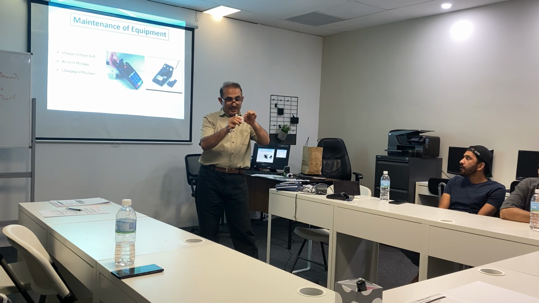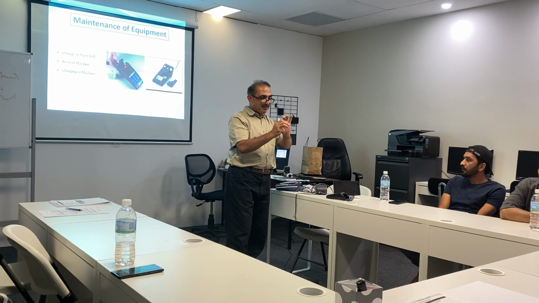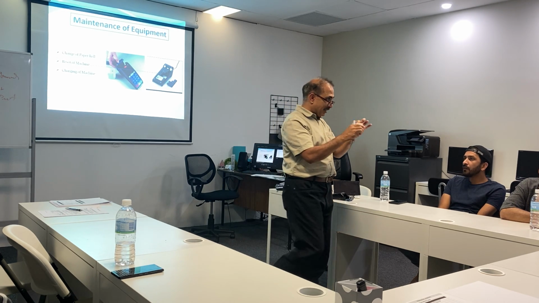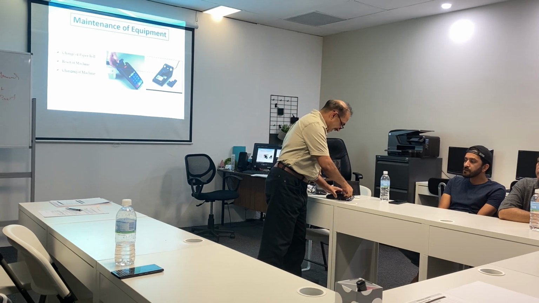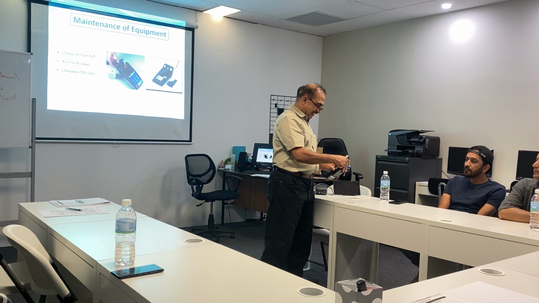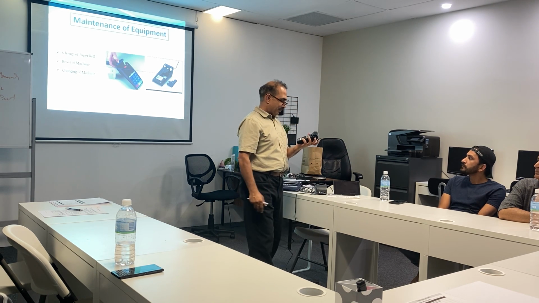This identifies that the roll is just for 5 or 10 transactions. So you have to replace the roll by the time the red line starts coming with your printouts. Put a new roll, and press this button. Okay.